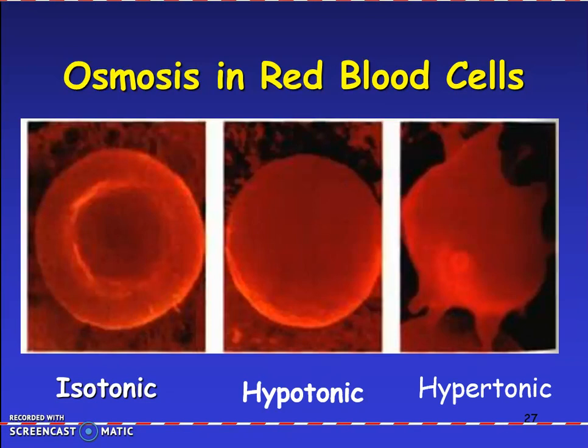In hypertonic solution, the water leaves the cell because the water moves from high water potential, which was inside the cell, towards the outside. So the cell is going to shrink. That is a hypertonic solution.